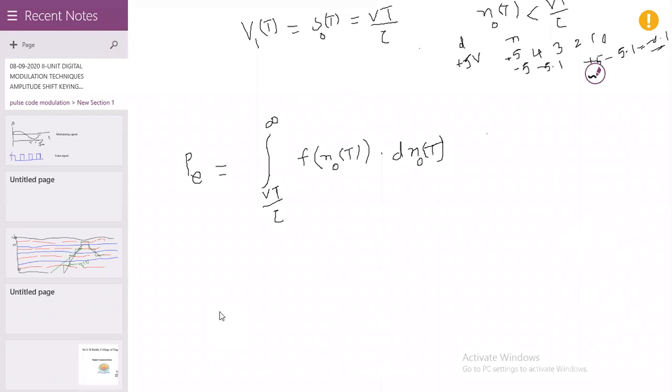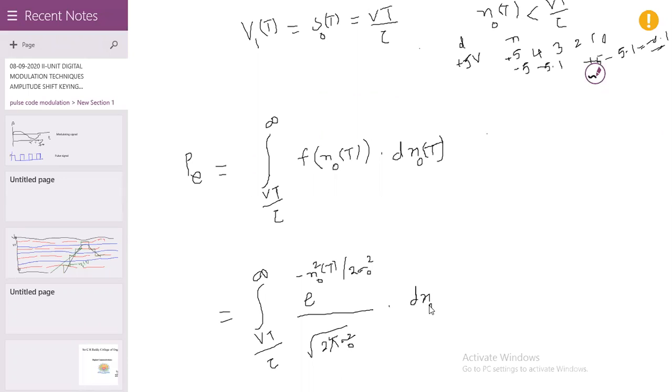This is equal to integral Vt by tau to infinity, e to the power of minus n naught square of t divided by 2 sigma naught square, divided by root of 2 pi sigma naught square, into d n naught of t.